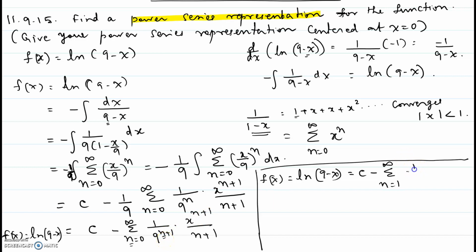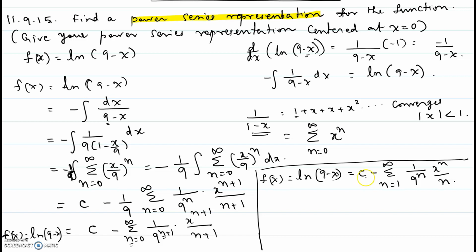So inside you will get 1 over 9 to the exponent n, then x to the n, since for every n the exponent moves to the left 1 unit, divided by n.